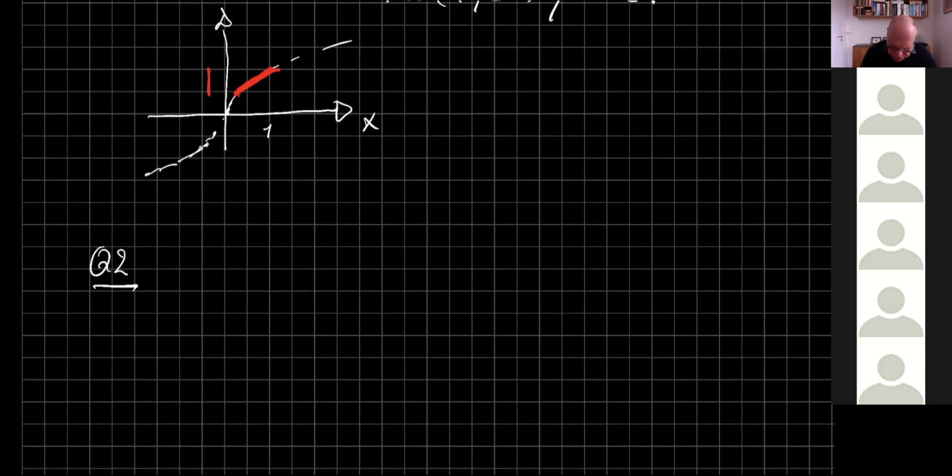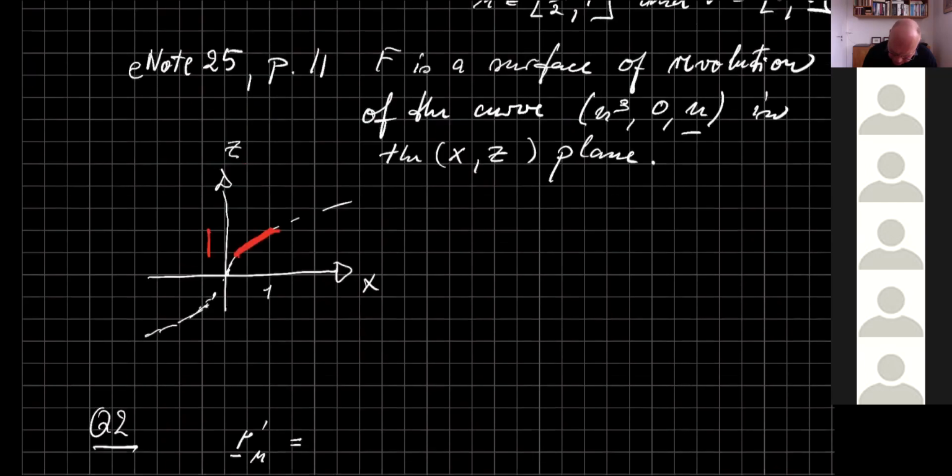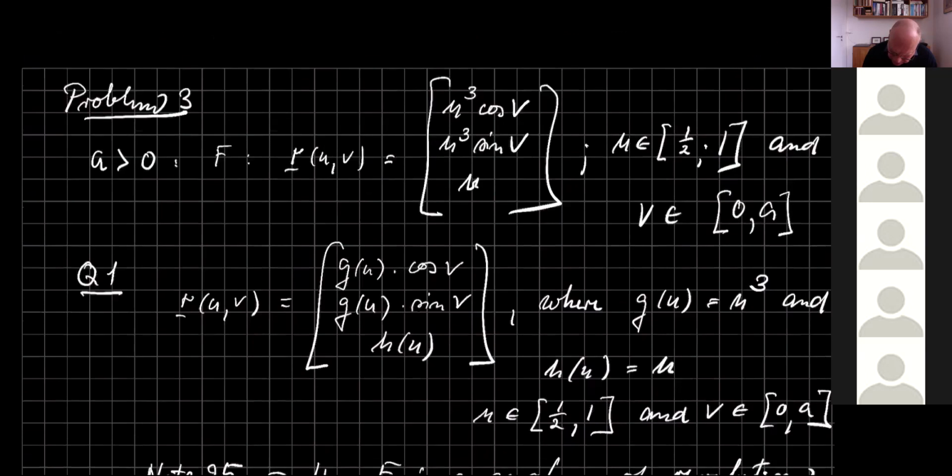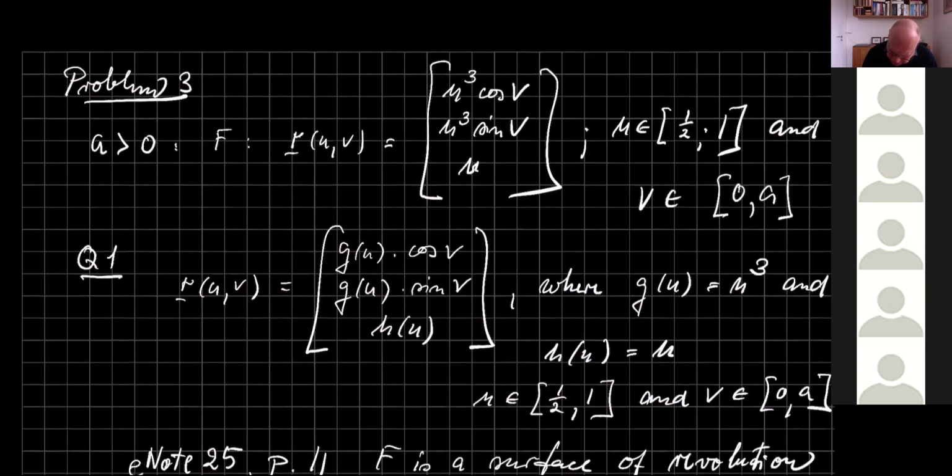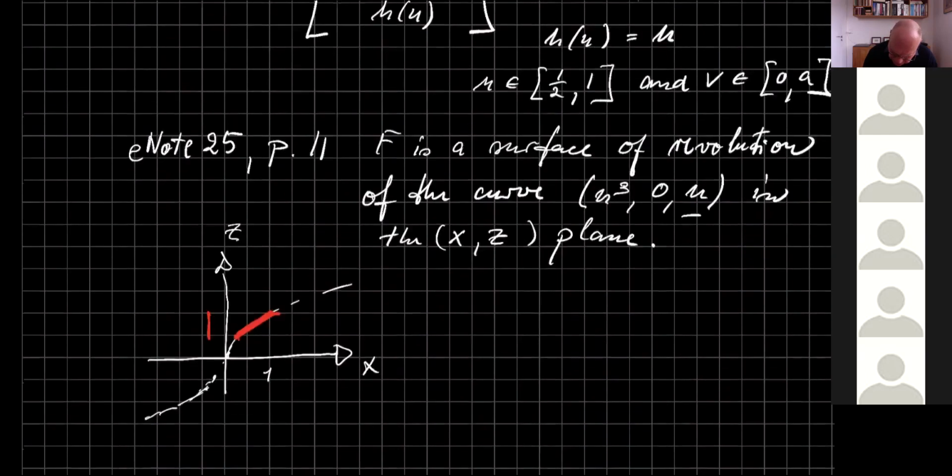Remember, for a surface, the Jacobian is the length of the cross product of the derivative with respect to u and the derivative with respect to v of your parametric representation. Let's go back and see how you have this parametric representation here. You want to differentiate this with respect to u.